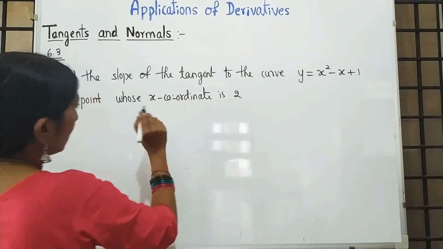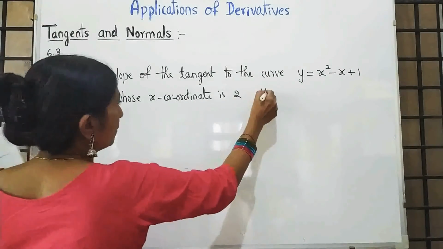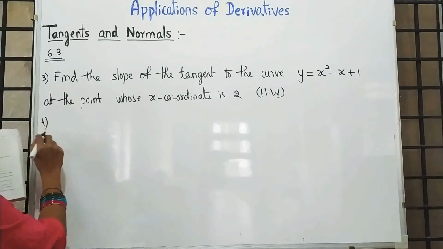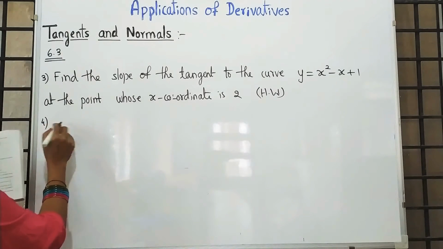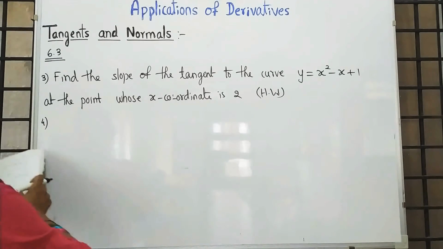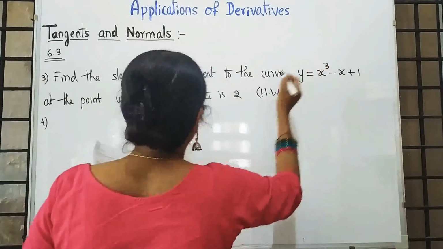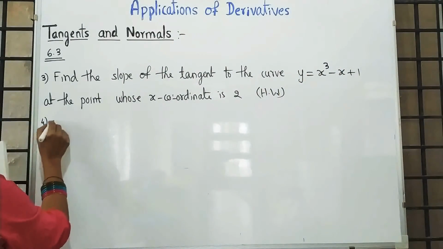That means at x is equal to 2. This is the homework question. Fourth one, because simple differentiation we have to do there. Next is x cube minus x. Fourth question, that is also homework.